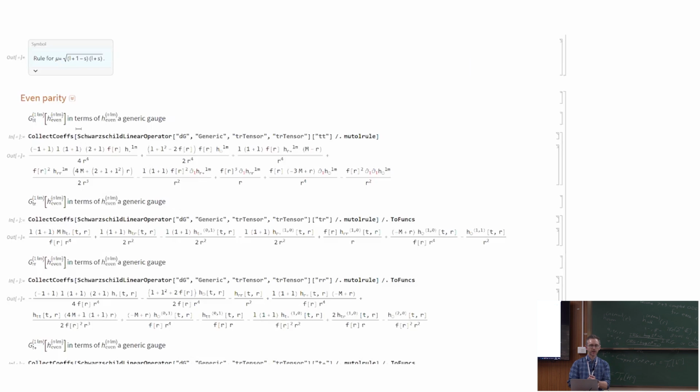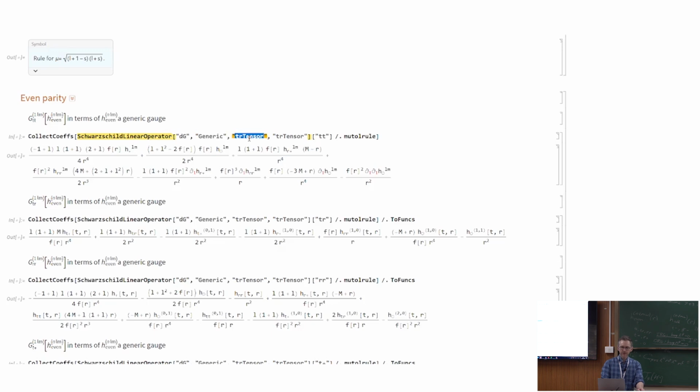Okay, so here I'm looking at the tensor harmonic coefficients. So this is the TT component of the linearized Einstein tensor, constructed from the even modes of H. And this is a given LM mode of that quantity. So I want DG to indicate that I want the linearized Einstein tensor. I'm putting this in a generic gauge, so this expression is true in every gauge.